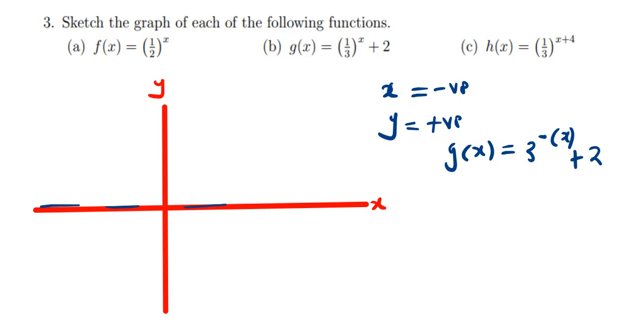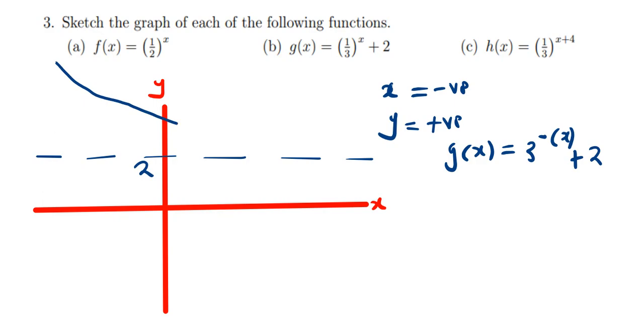But now we shifted it 2 units up. Let's say our 2 is here, so this will be like a demarcation. We are not supposed to cross that line. So our graph is going to come from this side.